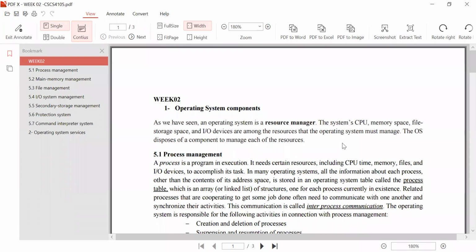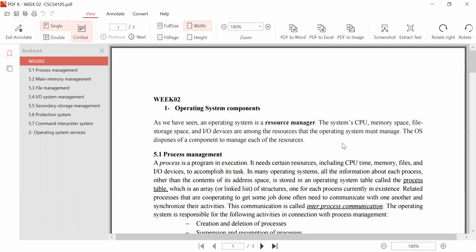Other user programs are above the operating system, or they need the services of the operating system in order to access the physical computer resources. So we saw it very clearly that the operating system is an important and critical component in the computer system.